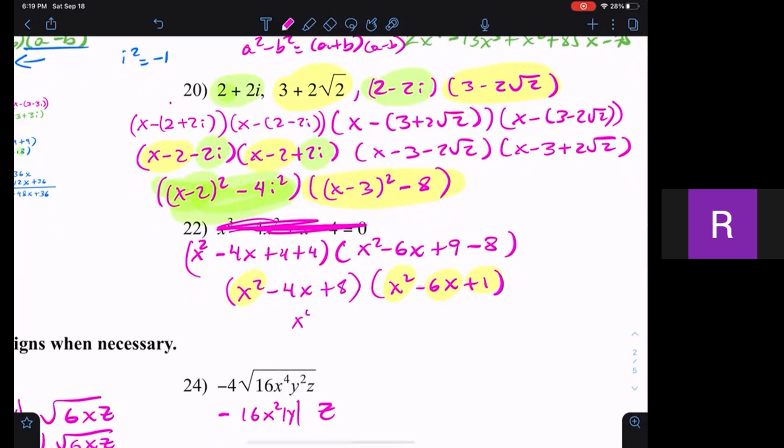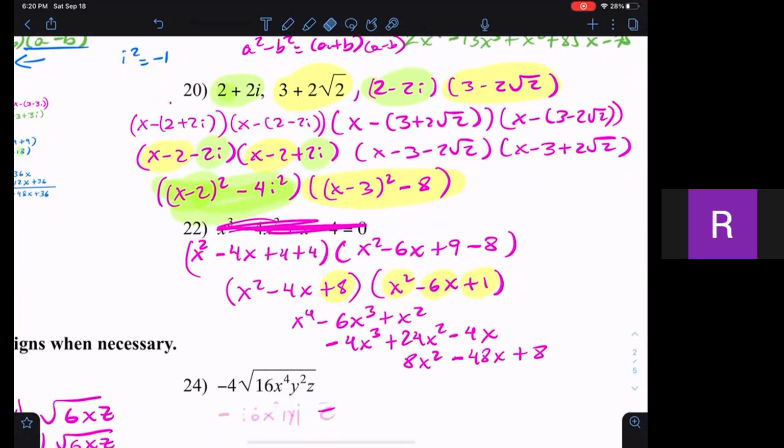So this is going to be x to the 4 minus 6x cubed plus x squared. That's the first one. Then the second one, this times this times this times this, right? So that's going to be negative 4x cubed plus 24x squared minus 4x. Next is this thing. Okay, so that's 8x squared minus 48x plus 8.